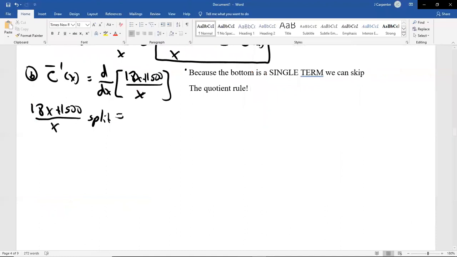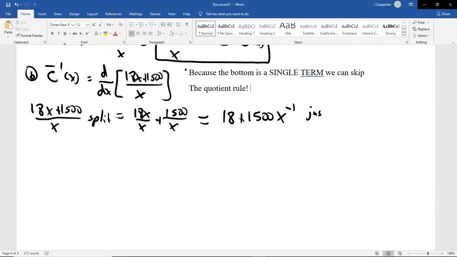But because this is 1 term, you can actually split this as 18x over x plus 1,500 over x. Then we can simplify. The x's cancel with the 18, so that's just 18 plus, and we know we're going to end up taking a derivative of this, so let's bring the x to the top. So that's 1,500 x to the negative 1. That was an x to the positive 1 in the bottom, so we make it a negative 1 in the top. So this is avoiding the quotient rule.